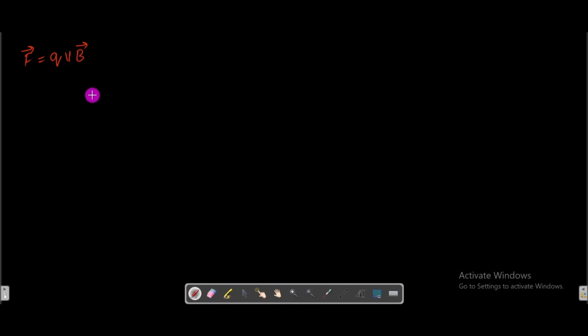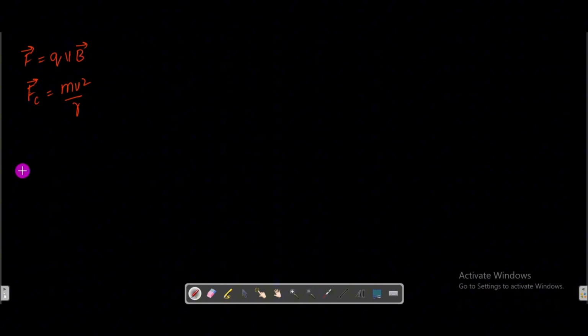The force in the circular path is given by the centripetal force, which is equal to mv square by r. So this centripetal force results from this Lorentz force.